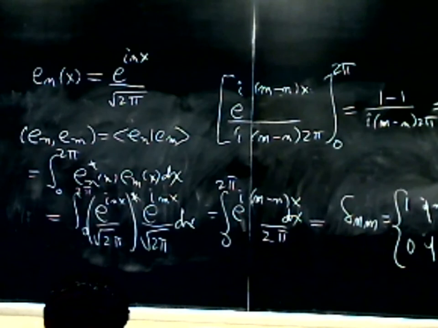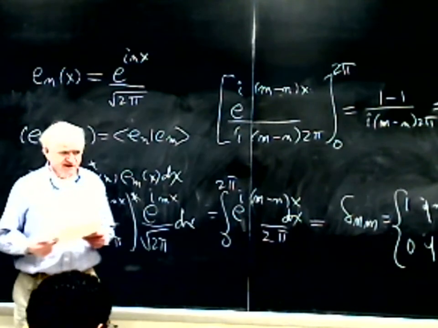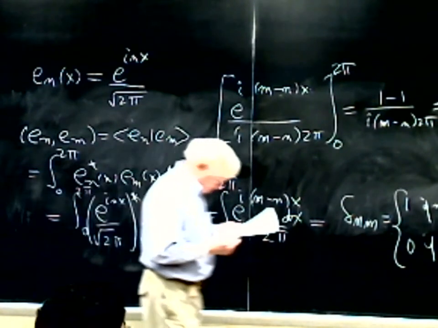In fact, let me just tell you what the nice sums are. If the sum from n equals minus infinity to plus infinity of the absolute value of c n squared is less than infinity, if that converges, then this is typically a nice function. So let's just rule it that way.